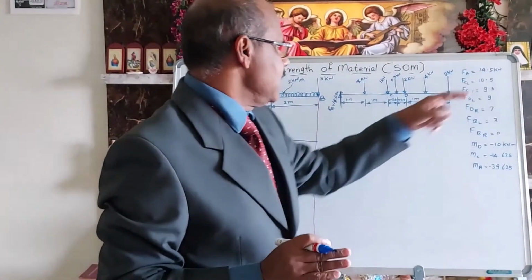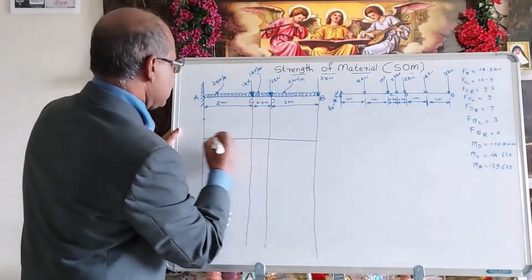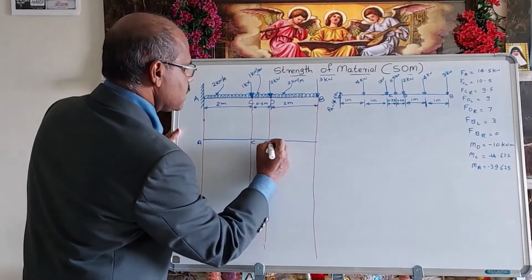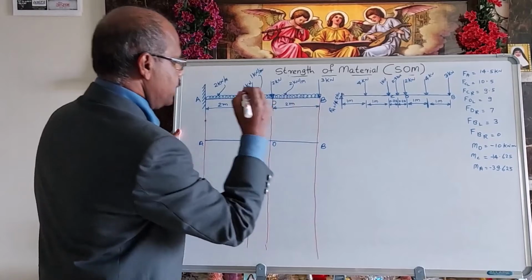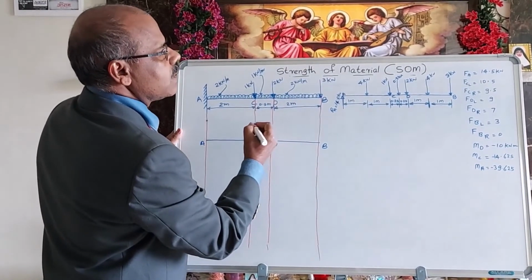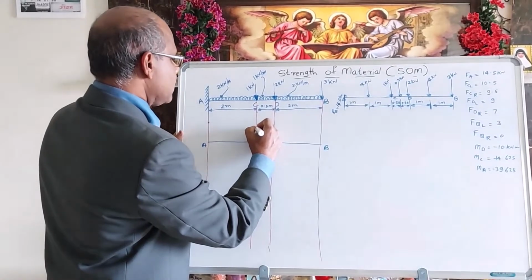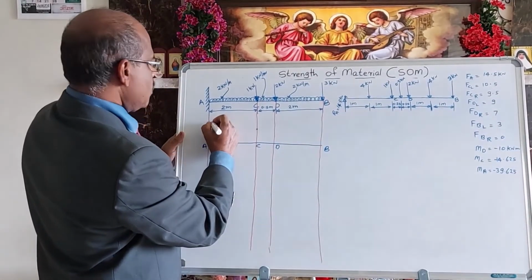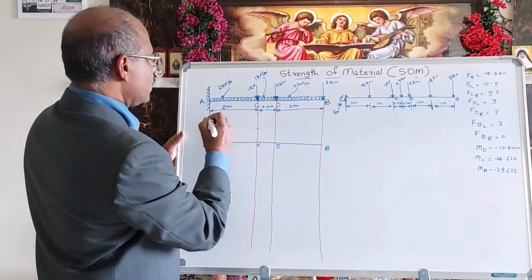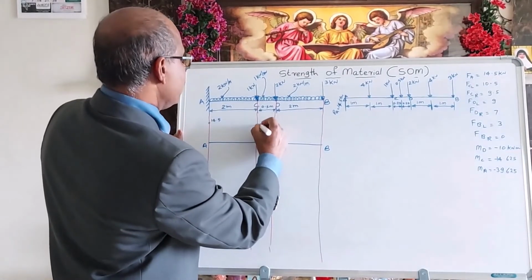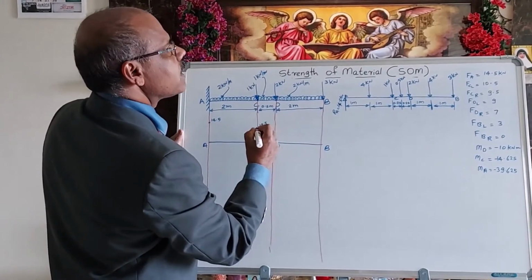Now FCL as well as FCR is there. This is point A, this is point C, this is point D, and this is point B. FCL we are having 10.5. So mark here 14.5, then we are having 10.5.